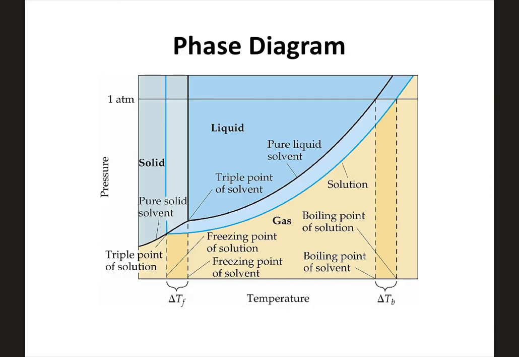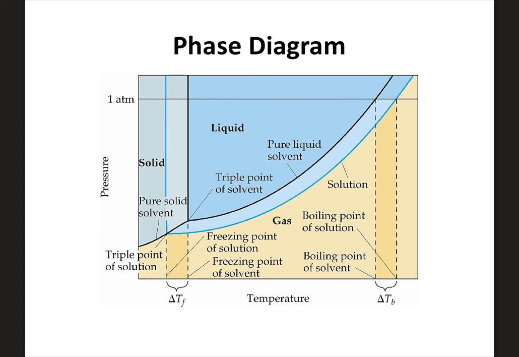You can actually see this boiling point elevation and freezing point depression on a phase diagram here. So if you look, the lines here are labeled. The solid black lines are the pure solvent, and then the blue lines are the solution where the solute is dissolved in the solvent.